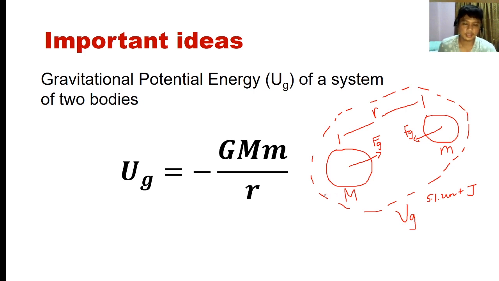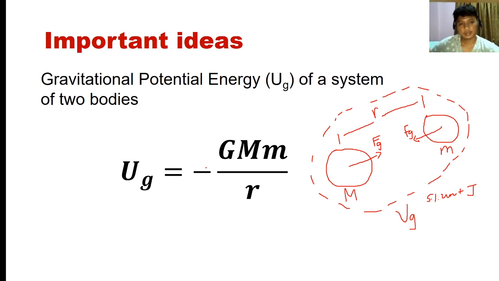Why do I say that? Well, mass is always positive. Center to center distance is always positive. This gravitational constant is always positive. You have a positive number multiplied by a negative sign, you're always going to get a negative value.